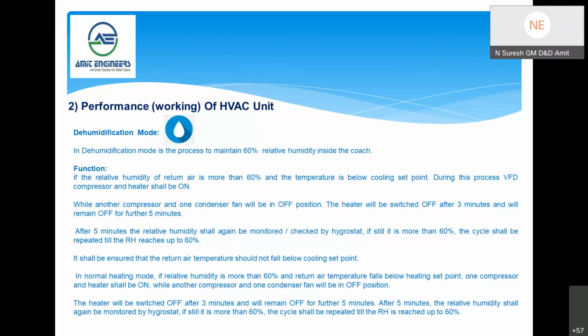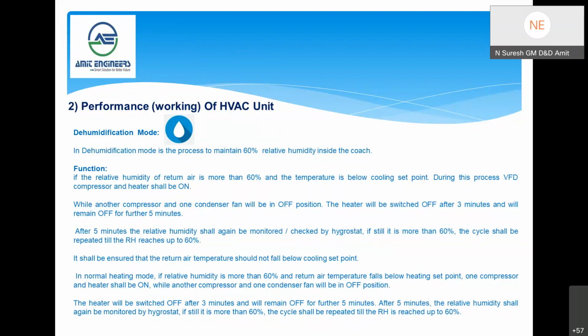In future, if any temperature control or set temperature related things have to change, then yes, if Indian Railway wishes to do that and we get it through the proper channel, we can do so. Okay, sir. Thank you.